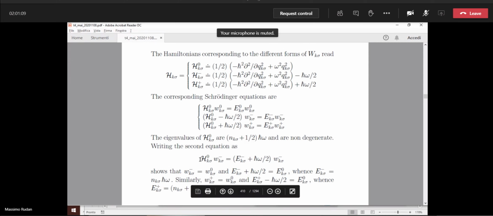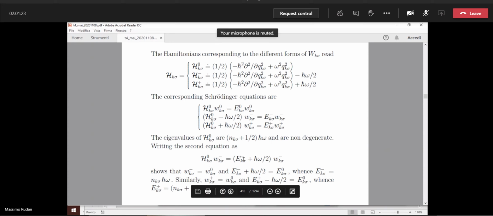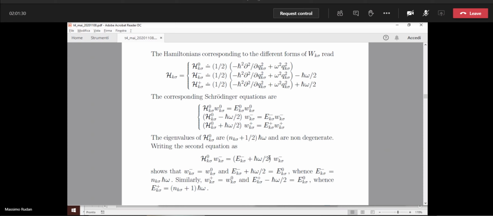In the second equation, we have the same operator as above, operating on W minus, equal to the eigenvalue that we call E minus plus h bar omega divided by 2 times the eigenfunction.